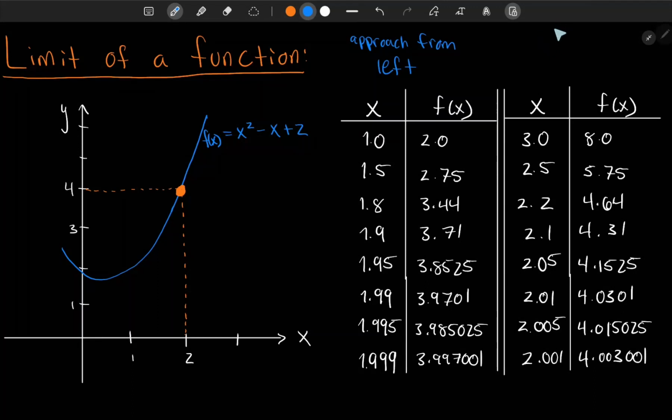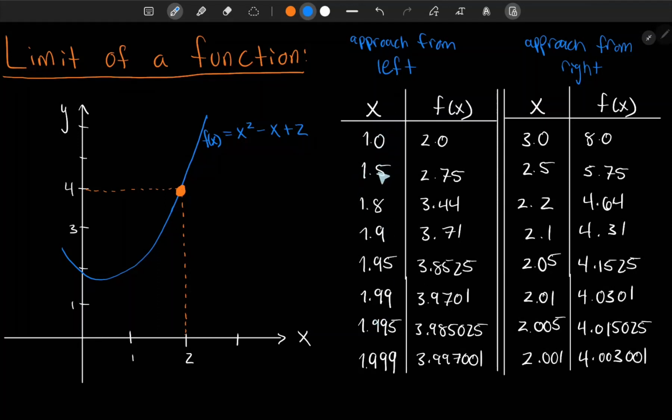Whereas on the right here, we approach from the right. So on the left here, we have that x values are less than 2.